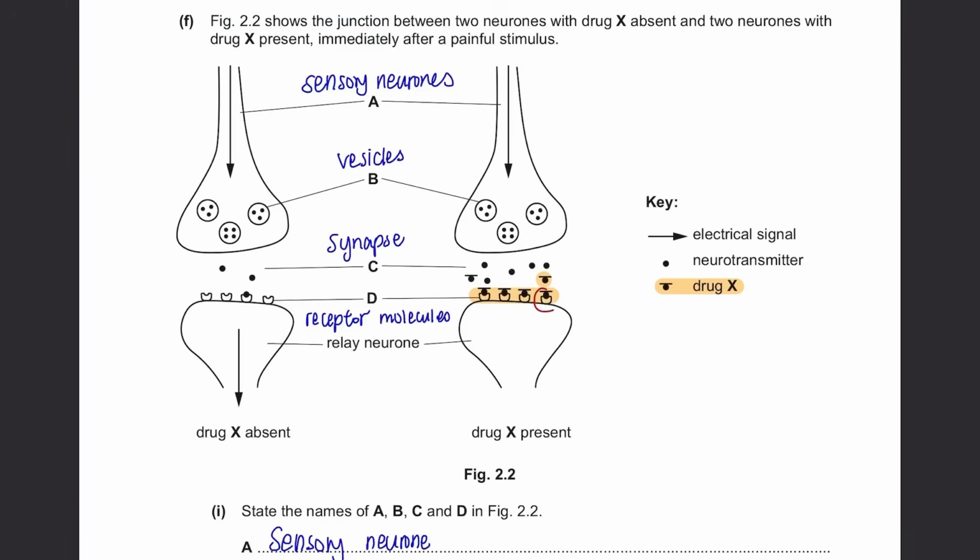Due to them blocking there, neurotransmitters are not able to bind to receptor molecules. Thus, drug X stops the impulse being transmitted in relay neuron here. The impulse is basically a painful stimulus as said in the question. So the person will not feel any pain in the presence of drug X.